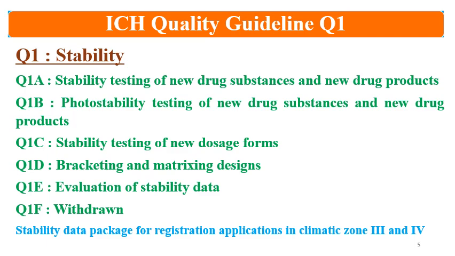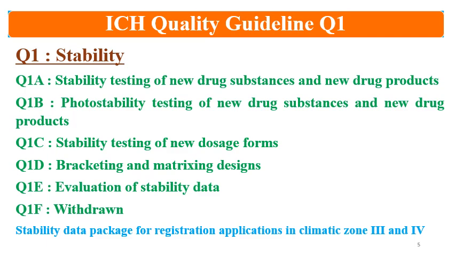Then Q1B is the guideline which deals with stability testing of new drug substances and new drug products. So this is related to the photostability. Q1A is for stability, Q1B is for photostability.